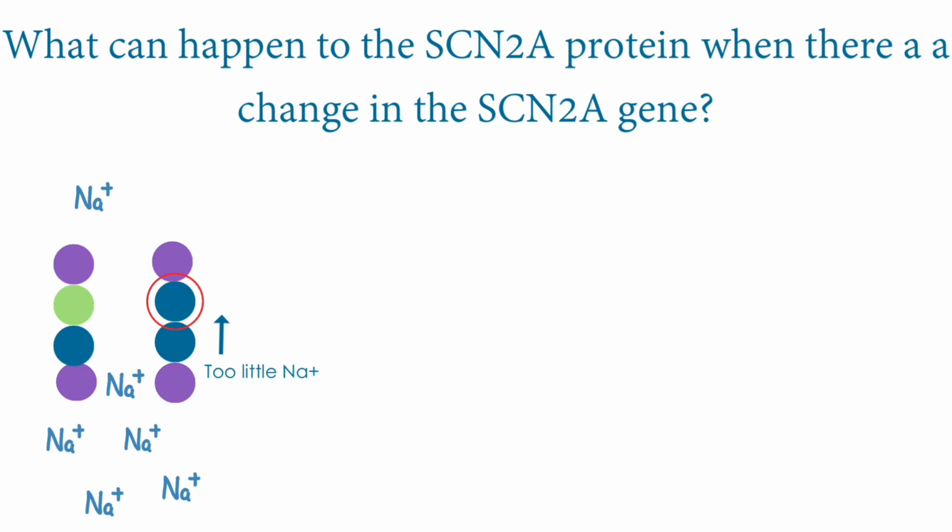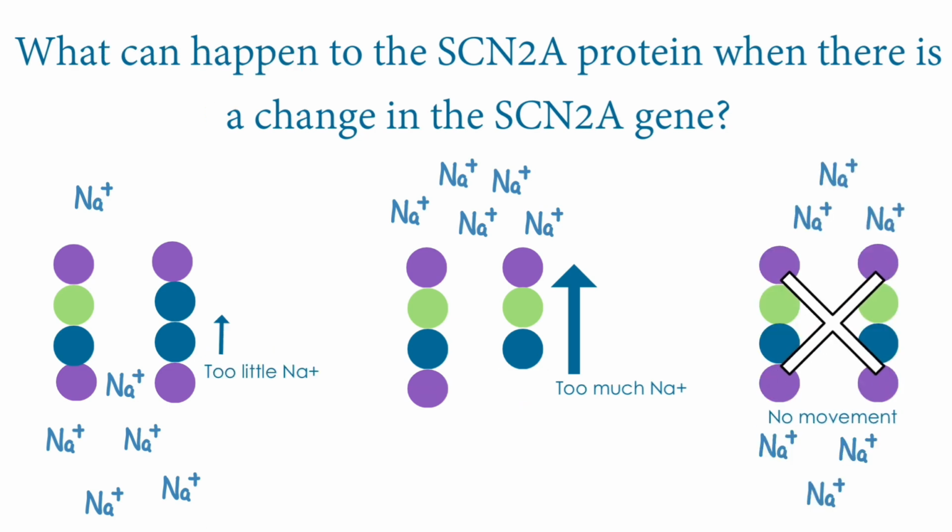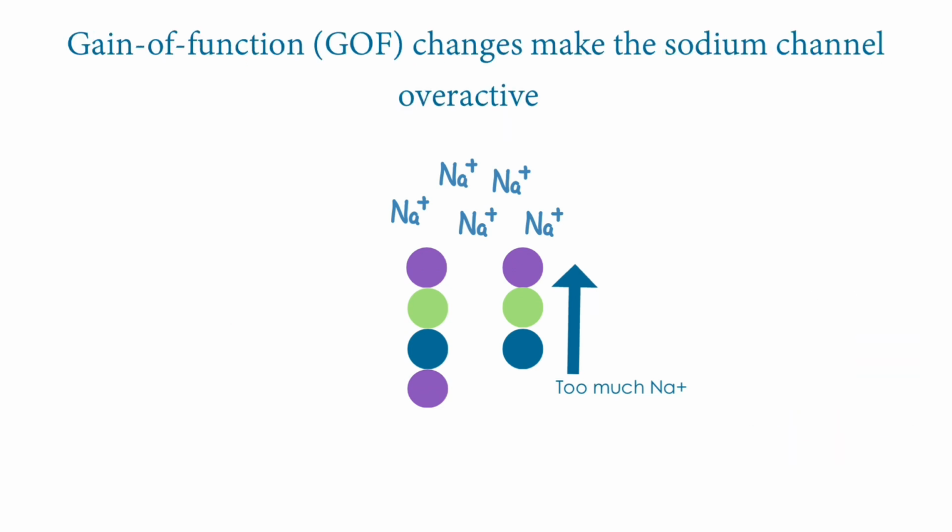So what exactly can happen in the protein when there is a change in the gene? We can have maybe too little sodium flowing through due to a change in an amino acid. We can also have too much sodium being let through due to a deletion of an amino acid, or we can have no movement of the sodium at all. In regards to function, when a sodium channel is overactive, we call this a gain of function change.